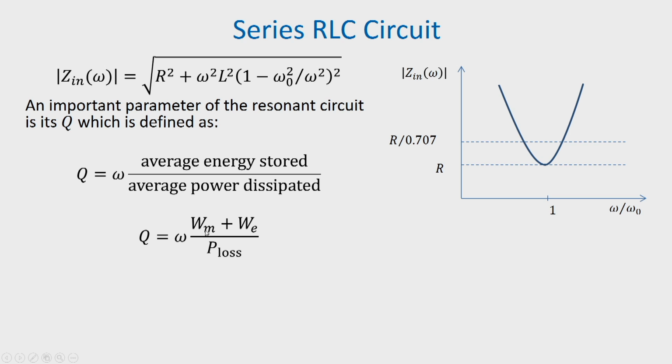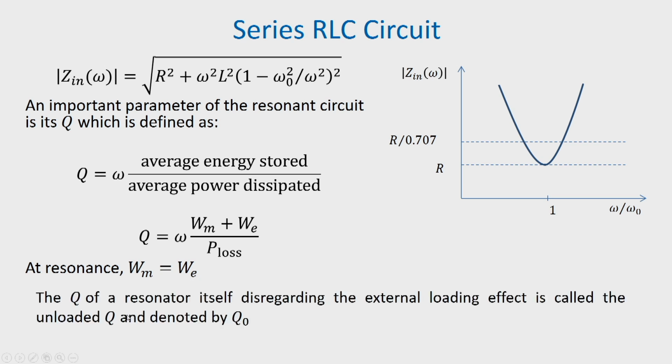This is the energy stored in the inductor W m. So, the sum of these two energies gives the total energy, divided by P loss. The loss happens at the resistance R. Now, at resonance, that means when omega is equal to omega naught, W m becomes equal to W e, and therefore, we can write Q as either omega naught 2 W m by P loss or omega naught 2 W e by P loss.